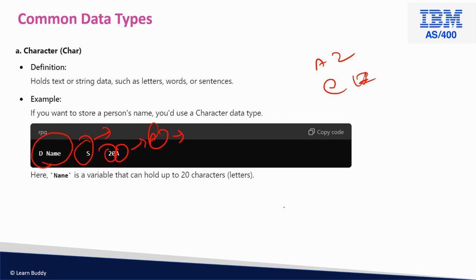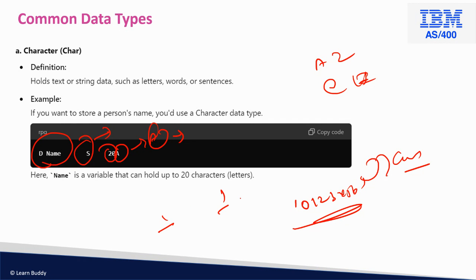You can store numeric information like 0 1 2 3 4 5 6 in quotation marks, and it is still a character because it has quotation marks at the beginning and end of your value. Where you have a requirement to store a numeric value that is actually a character value, you can preferably go with alphanumeric, that is A. It holds text or string data, such as letters, words, or sentences.